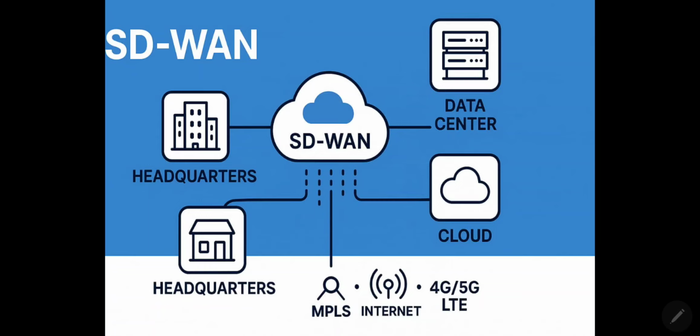You want to transfer your data from your headquarter to your branch or vice versa. So you have to think about how your data can be transferred from this office to another office.